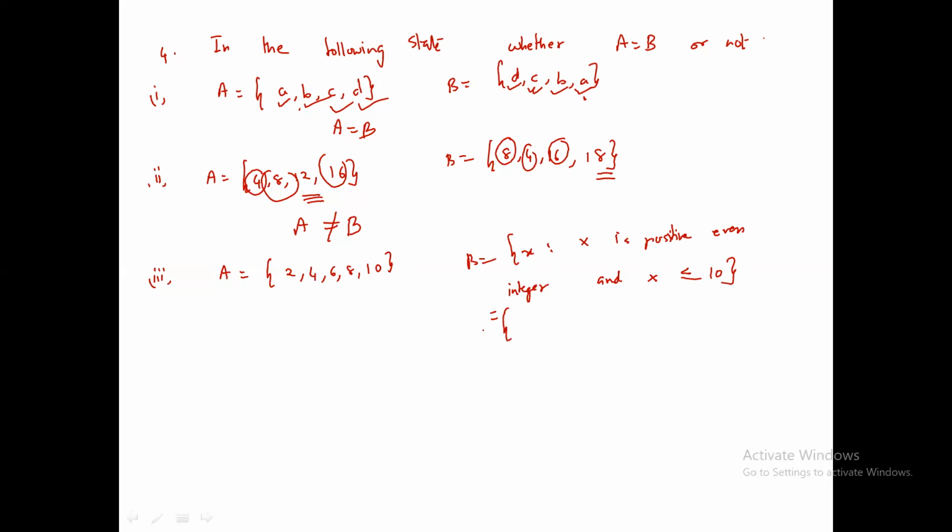So I have to write positive even integers. I can start with 2 is a positive even, 4 is positive even, 8 is positive even, and then 10 is a positive even integer. Now you can see 2, 4, 6, 8, 10 are present in both. That's why you can say A and B are exactly same.